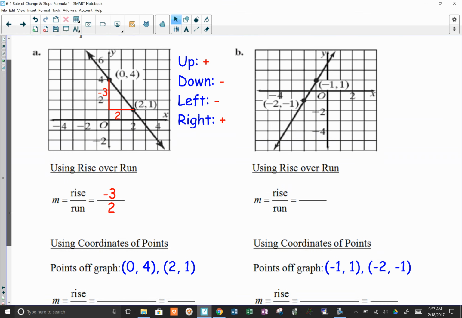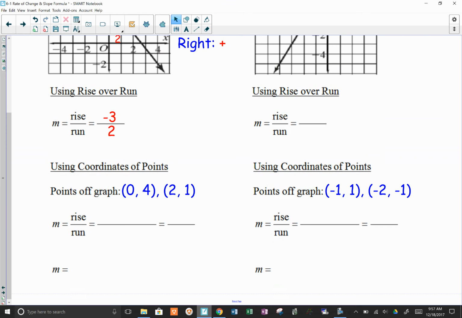So along with using rise over run from the graph, we can also look at the coordinates of the points from the graph, which I have copied down here for us. And we can use the slope formula, which is y2 minus y1 over x2 minus x1. So we could take these values and plug them in.